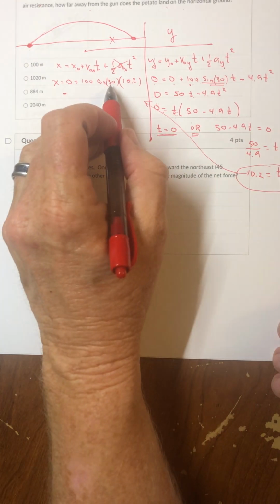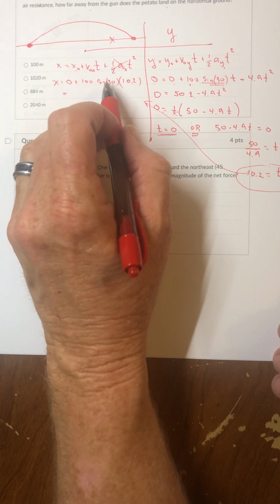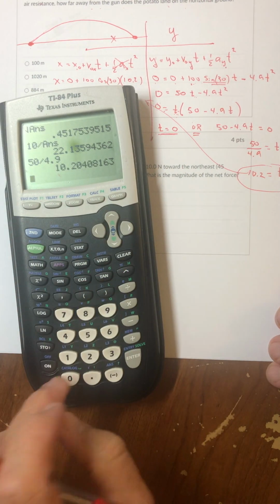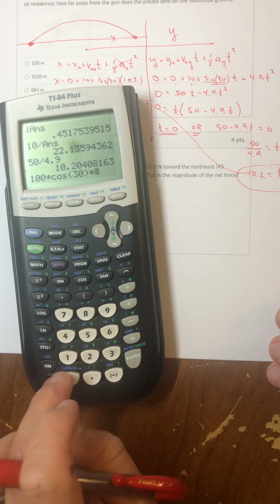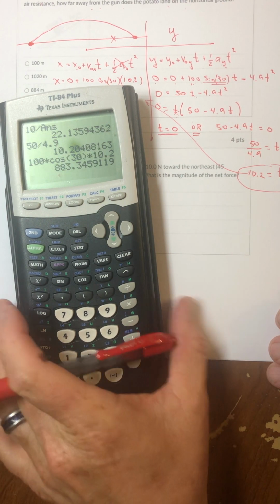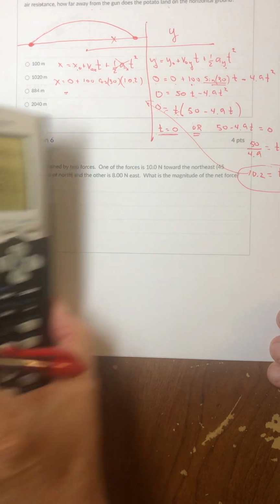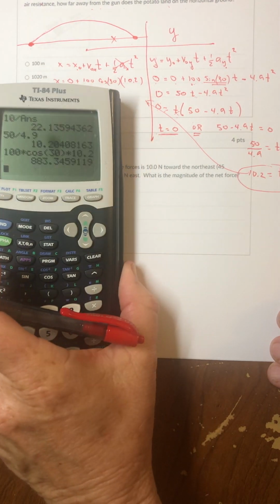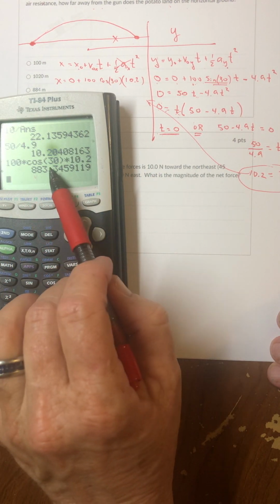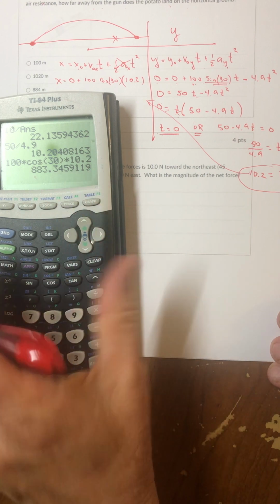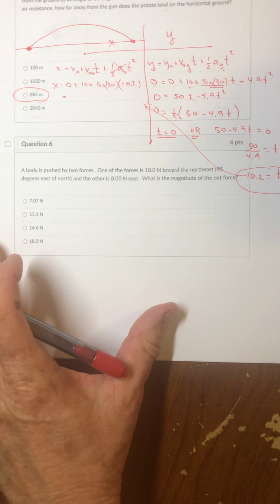So I probably should just use my calculator, because this must be root 3 over 2. But to get a decimal, let's go 100 times cosine 30 times 10.2, and we are looking at 883, which I guess depends on how we do some rounding here, because it looks like there's an 884 for an option, but that would be the correct answer.